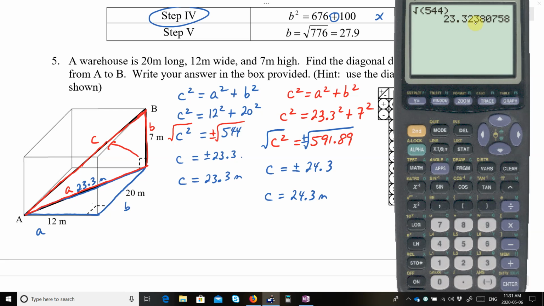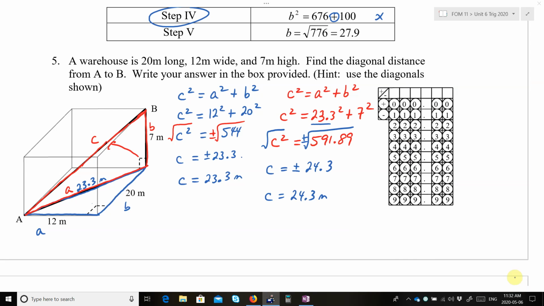So it's possible they could have just used that number, because the 23.3 then shows up right here. So if I did that and I just went that answer squared plus 7 squared, that would give me 593 instead of the 591. And then we would square root that and get 24.4.